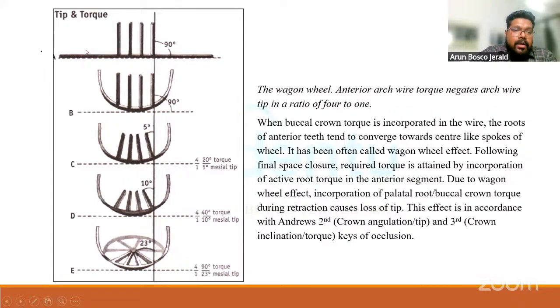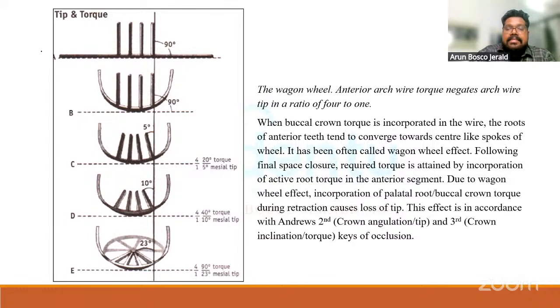Suppose you are making this arch wire into a U shape or a catenary curve shaped arch form. Since the angle between these two is 90 degrees, all these rods will be maintained at 90 degrees. So here you have to know what is torque and what is tip.